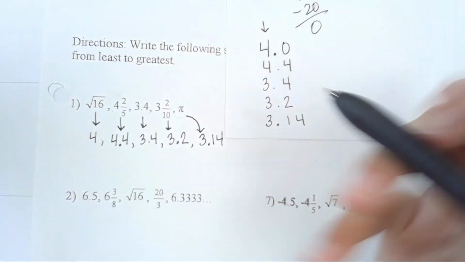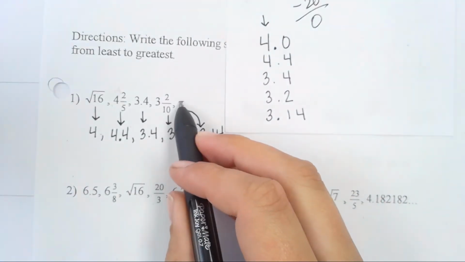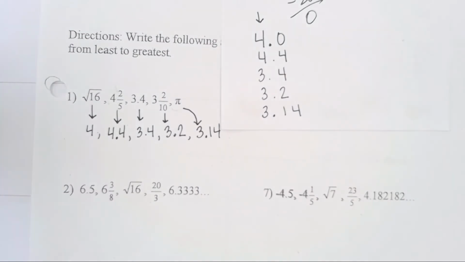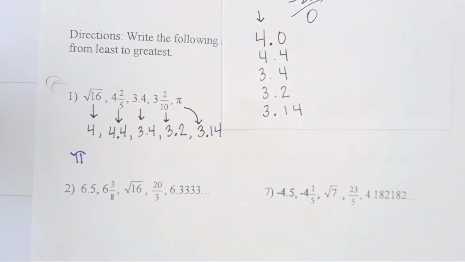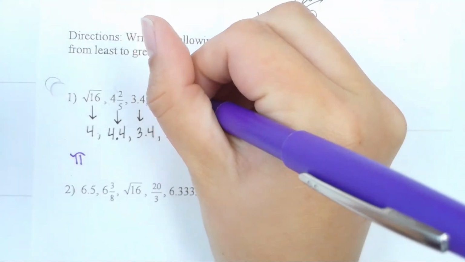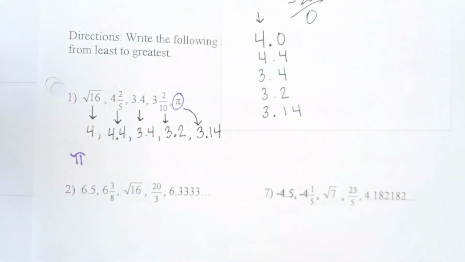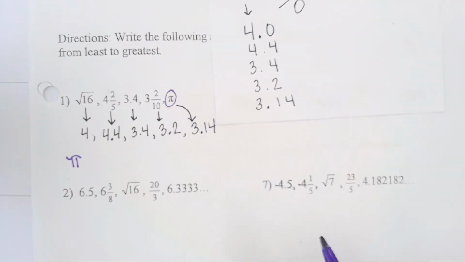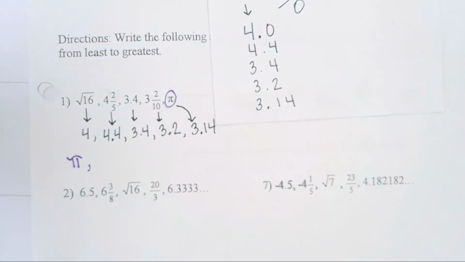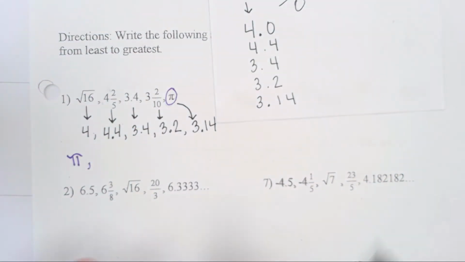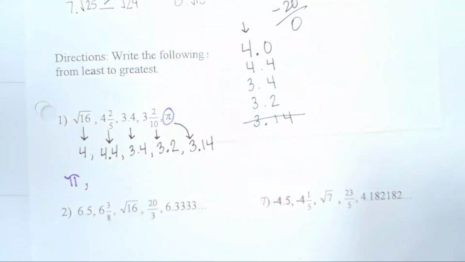So since 3.14 was representing pi, let me get a different color here. I'm going to write pi as my first number, okay? We want you to use the original format that they gave you. So that's why we're going to put pi here and not the 3.14. Okay? Alright, so that takes care of this one.